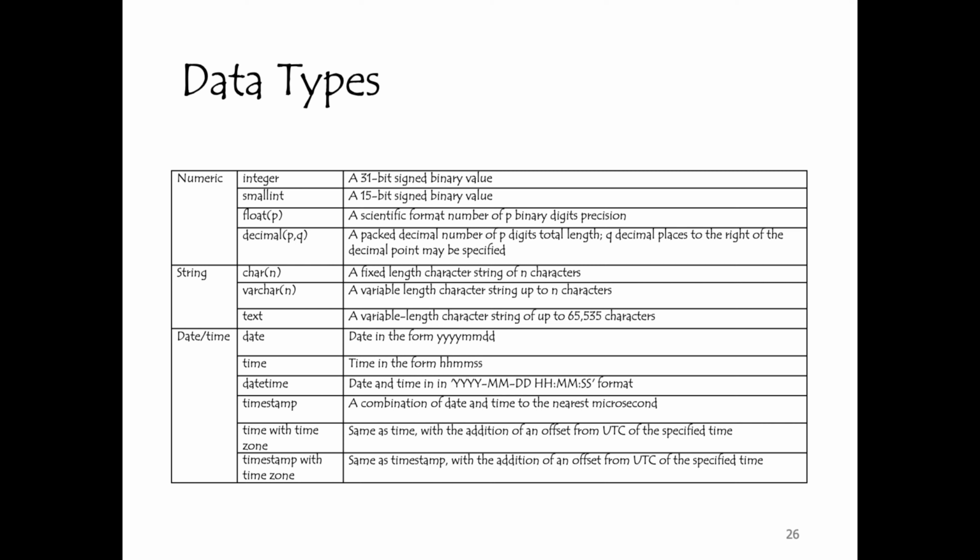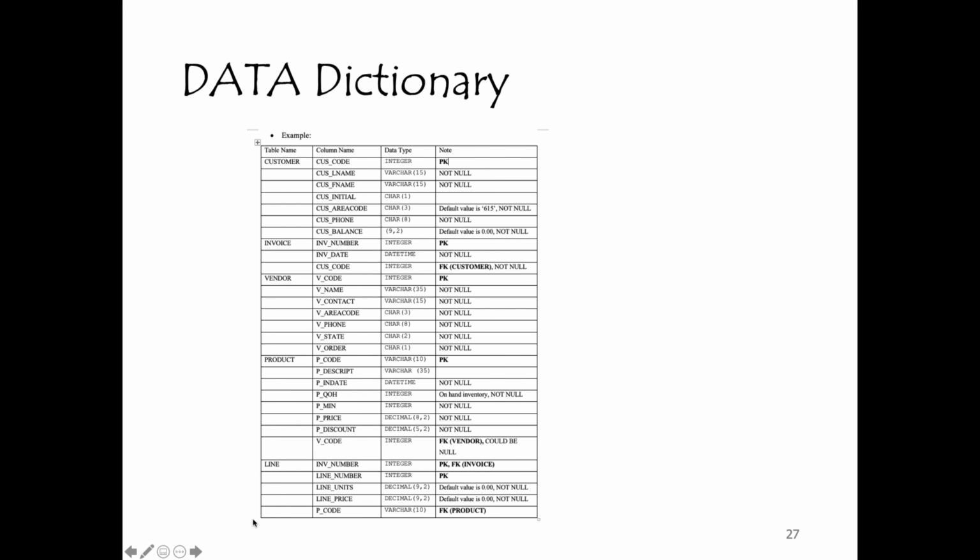Before you write down create table statements, there is one more step you may want to go through. After you decide the data type of each column or attribute in your ERD, you may want to create this kind of table. It's also given in your class notes. It is called the data dictionary. It's kind of the master dictionary you can refer to when you write down your final create table statements.